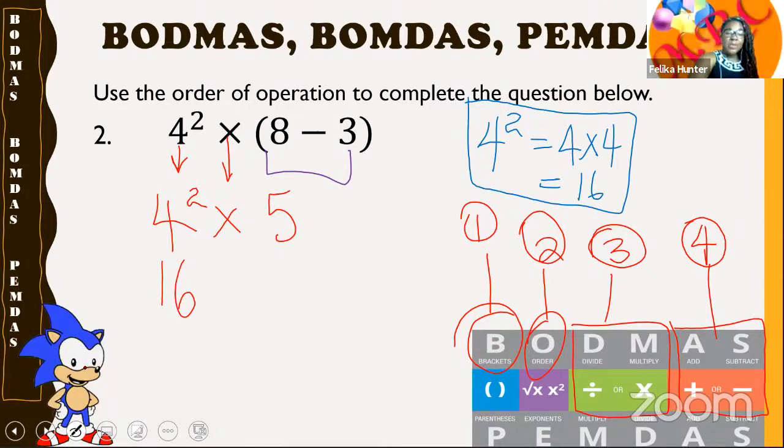All right, so we know that 4 square is 16 times, bring down our number 5. So now we're going to say 16 times 5, and 16 times 5 is 80. All right, so that's our second answer. All right, give you some time, go ahead and write it down.